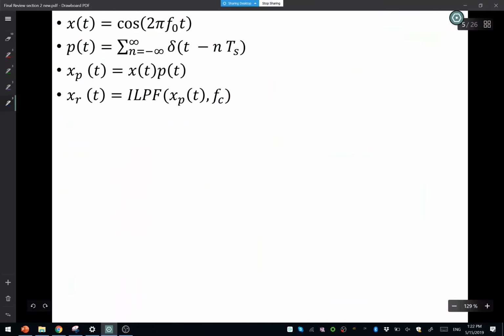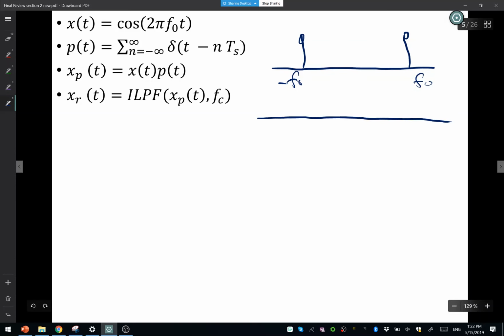So the next question is, what if it does not satisfy this condition? So if we got a signal that looks like this, minus f0, f0, and the sampling frequency is like this. This is the sampling frequency, fs.